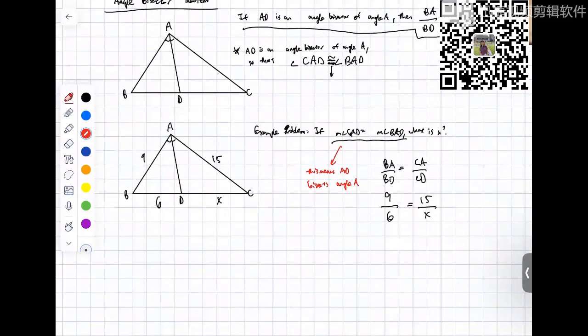Does anyone know what X is here? Ten. Yeah. All right. Does that make sense how I use this theorem?